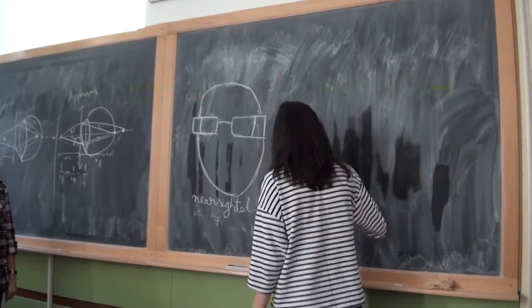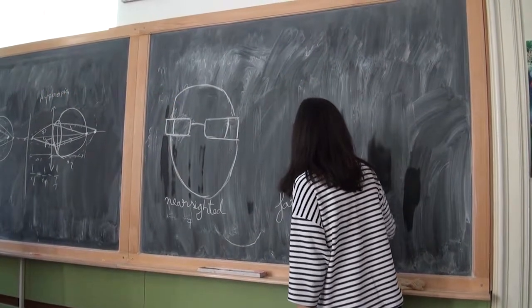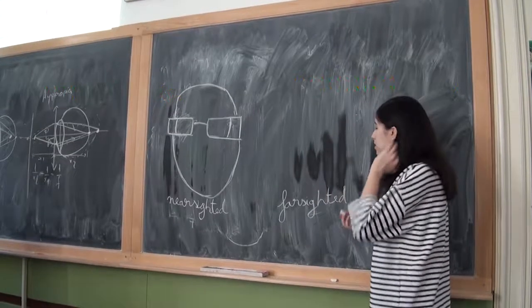Here we have a person with myopia. As you can see, the edge of their head is slightly more towards their eye than it would normally be because of the diverging lens. Our illustration of how a nearsighted person's face is seen through their lens.